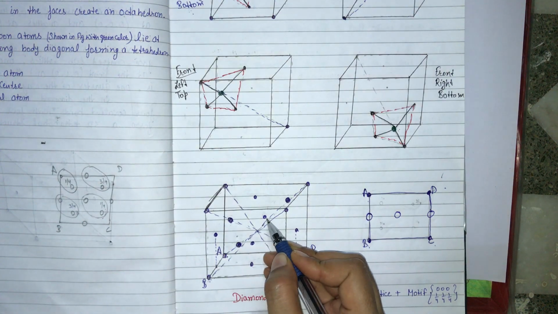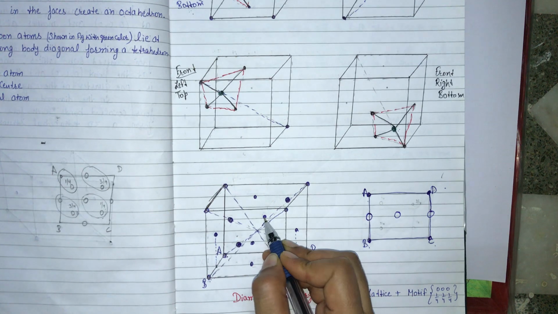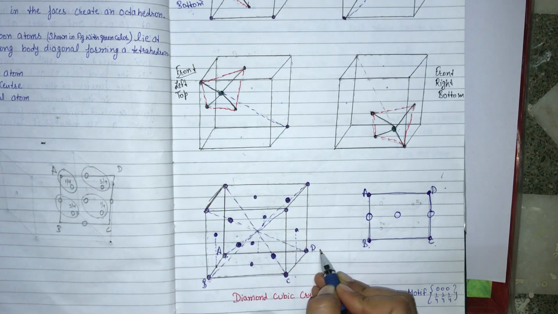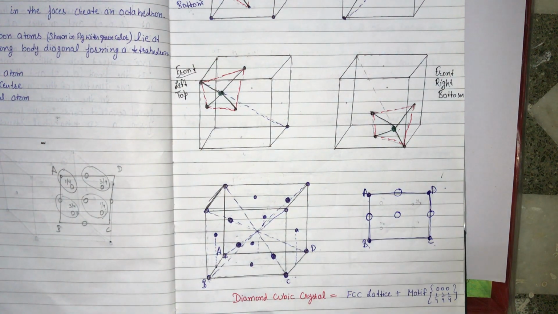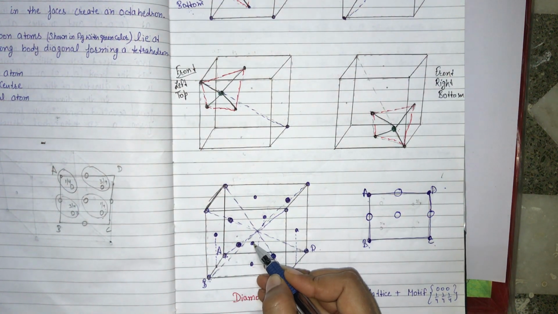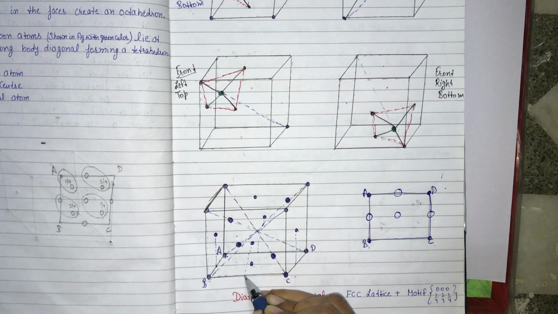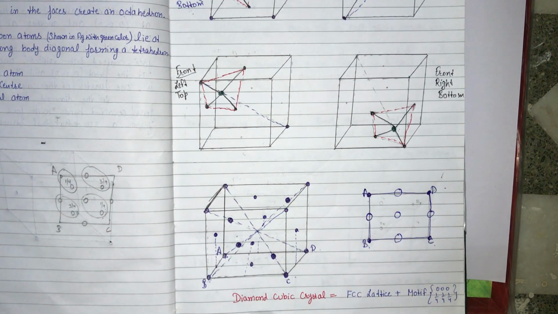Now if I make the projection of the back face centered carbon atom, then this will be at 1/2 of AD. So one carbon atom is at this location. If I project the front face centered carbon atom position, then this will also be at the half of BC. So this is half of BC.